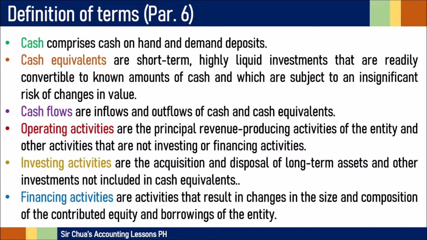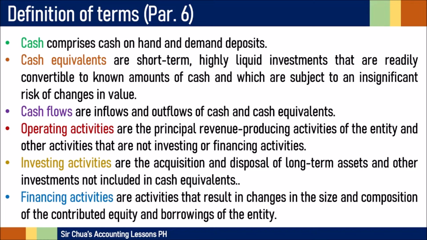Investing activities are the acquisition and disposal of long-term assets and other investments not included in cash equivalents. Now, investing activities actually relate to the non-current asset section of your Statement of Financial Position because it includes all of the cash flows that are related to selling or acquiring equipment, or selling or purchasing investments.